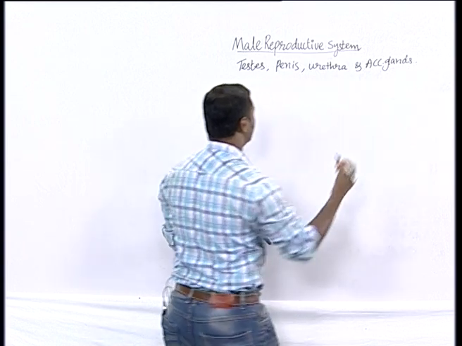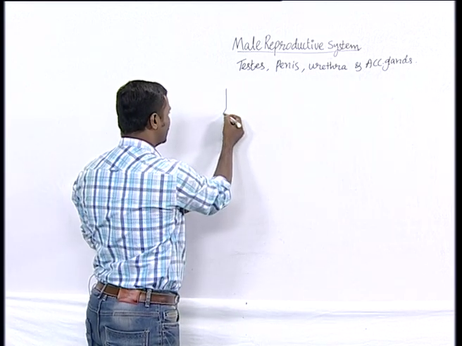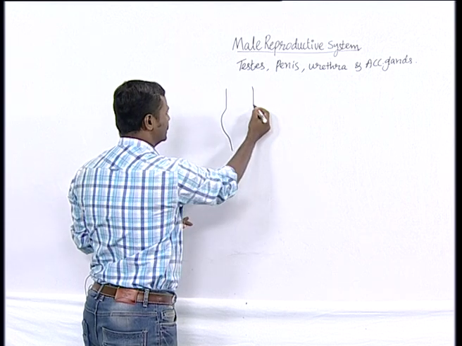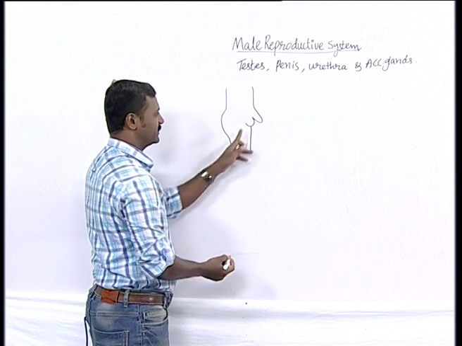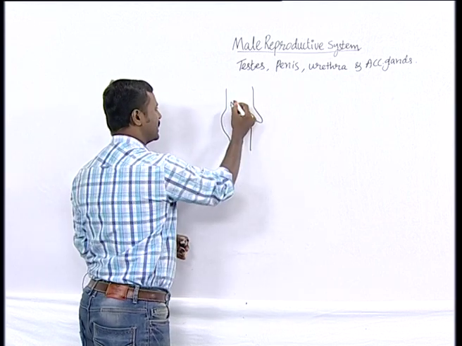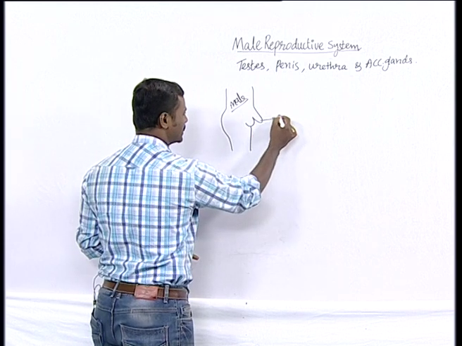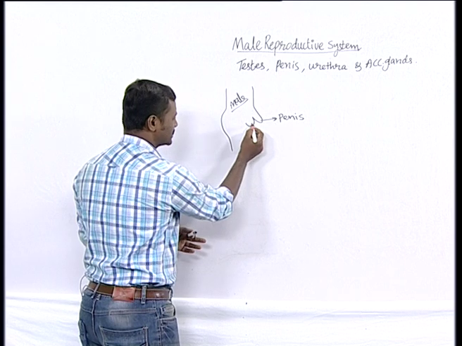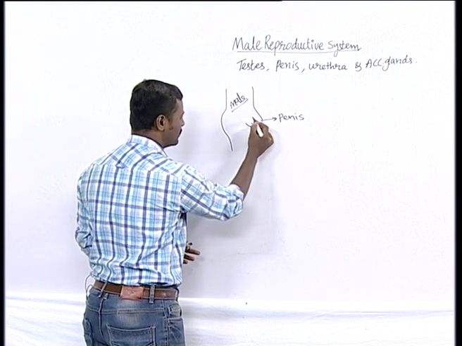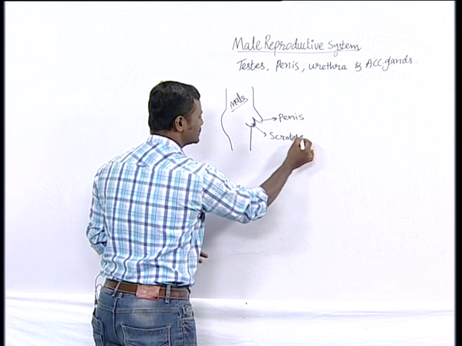Okay, let us discuss the testis. If you observe a male reproductive system, these are the external genital organs we can see in a male. In the male body, the external structure is called the penis, and this small bag-like structure is called the scrotal sac.